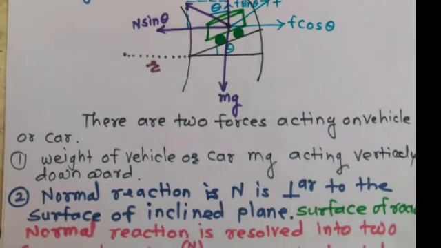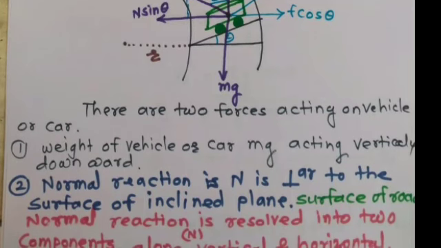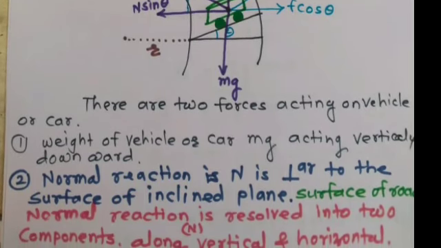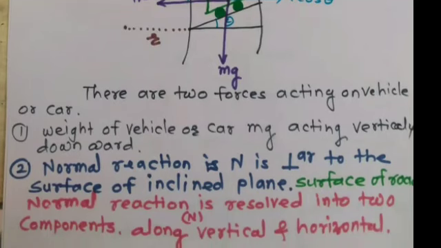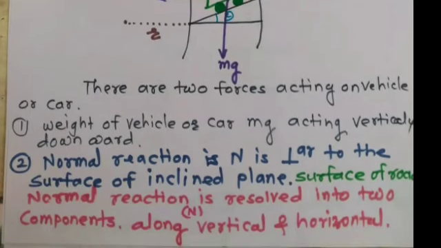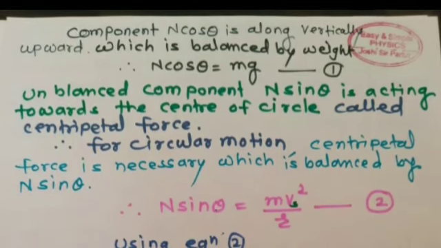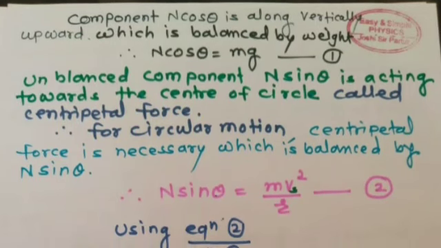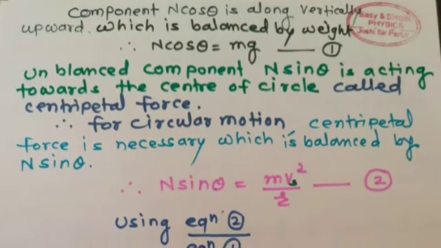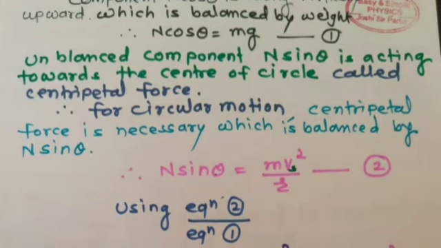So normal reaction is resolved into two components along vertical and along horizontal. The component N cos theta is along vertically upward, which is balanced by weight mg. Therefore N cos theta is equal to mg.